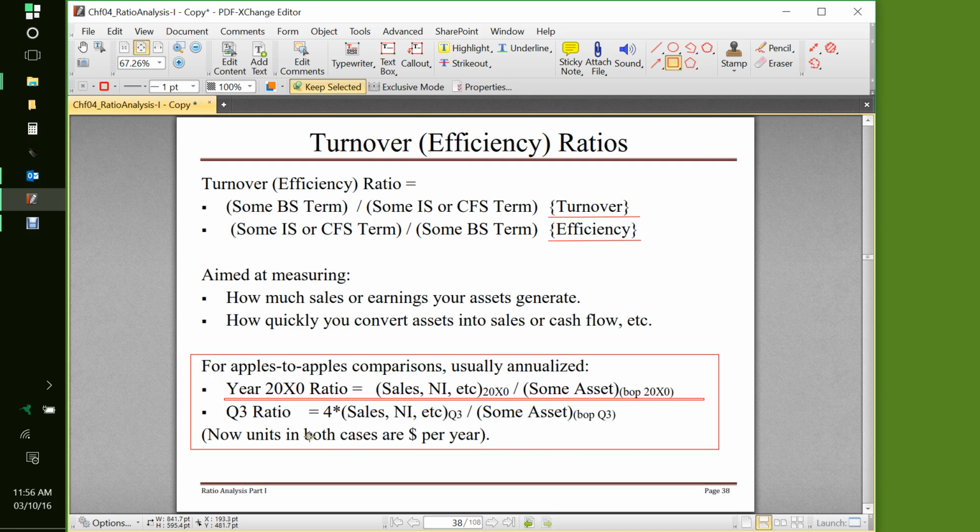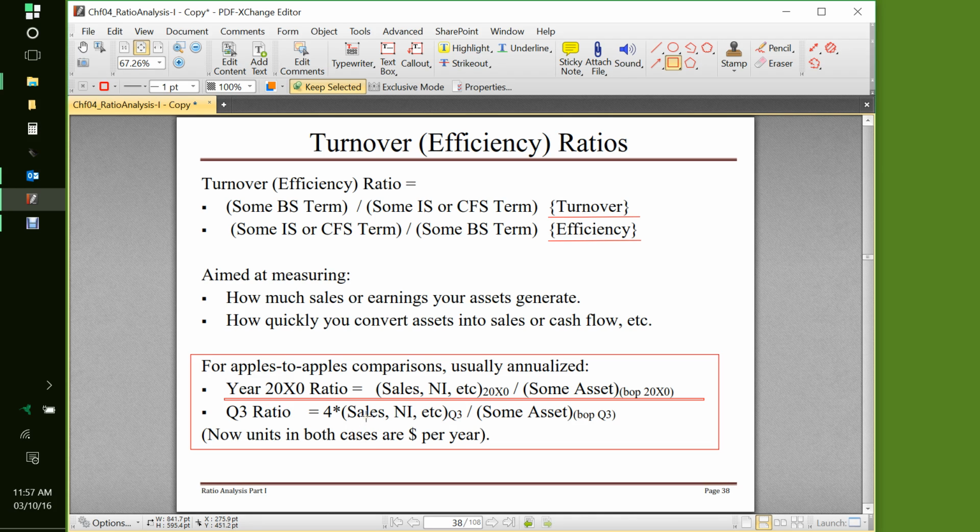However, if we're looking at a quarterly ratio for the same thing, if we just take quarterly sales, what are the units of these quarterly sales? Sales per quarter. And we want to be able to compare everything apples to apples. So everywhere in our ratio analysis, we want the units to be sales per year.